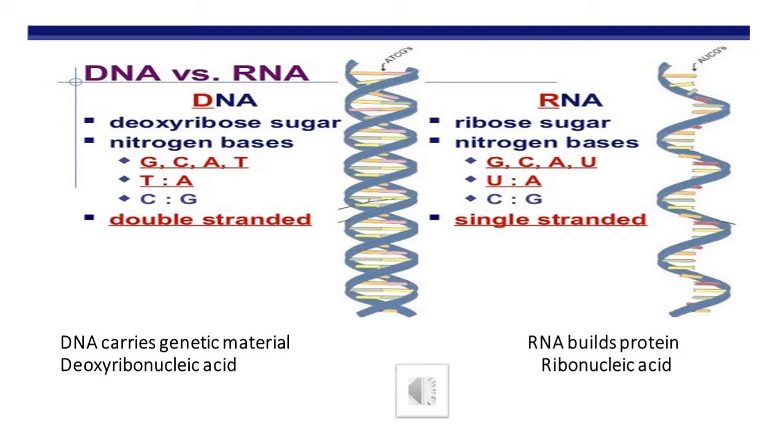What is the type of sugar of RNA? Deoxyribose or ribose? Yes, ribose sugar. RNA has ribose sugar, not deoxyribose. That's why RNA is called ribonucleic acid.